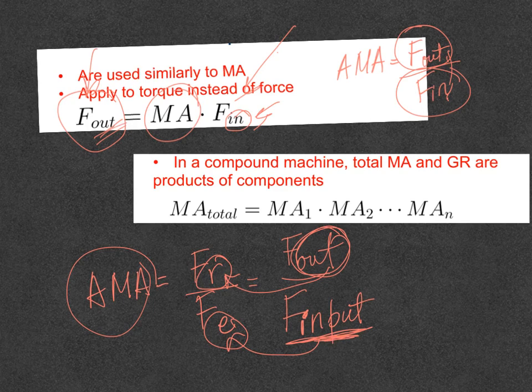Now, why do we have to know that? Forget about the gear ratios, because we're going to learn about that later. What we need to know is how to calculate the mechanical advantage of a compound machine. Remember, I told you that you are going to be building a compound machine, and I'm going to give you some constraints for that construction.